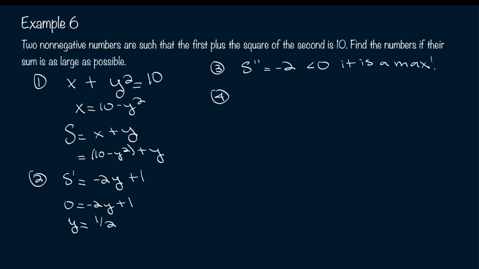Now, the last thing we're going to do is take our y value and plug it back into the original equation. 10 minus (1/2) squared is going to be equal to 39/4. So with our y and with our x value, that is going to be the largest possible sum for the two non-negative numbers that we are looking for in this example.